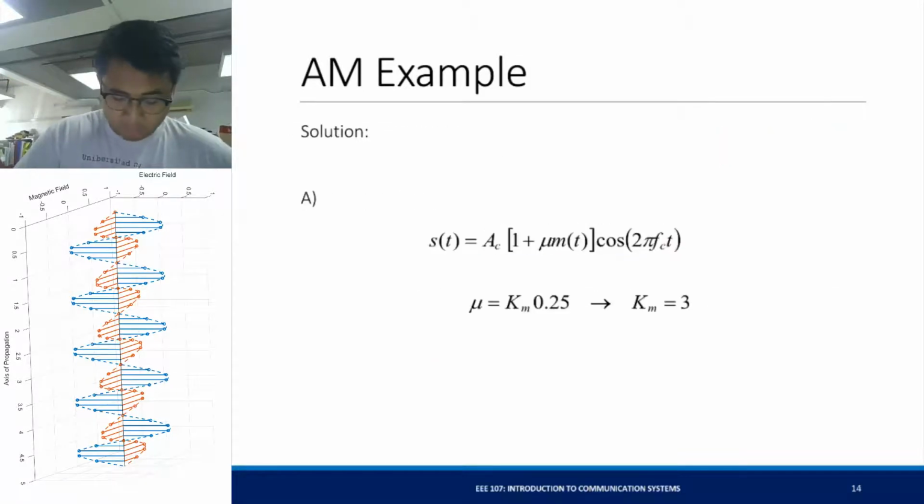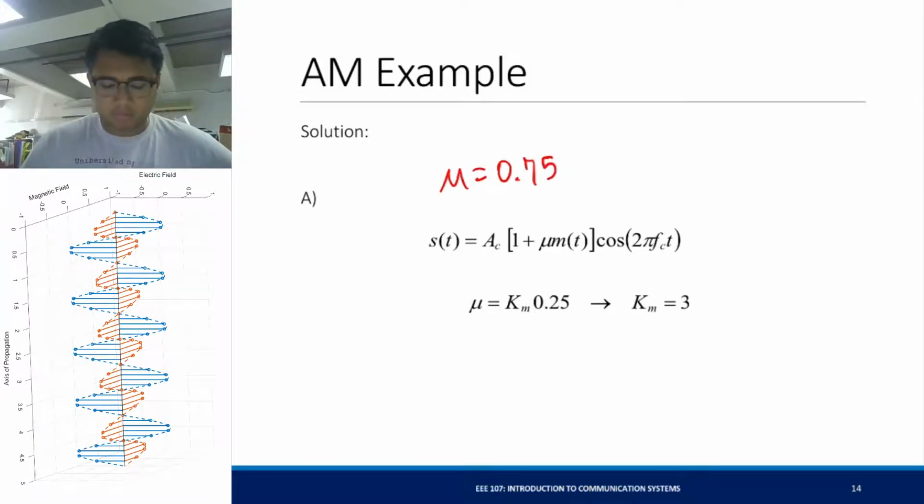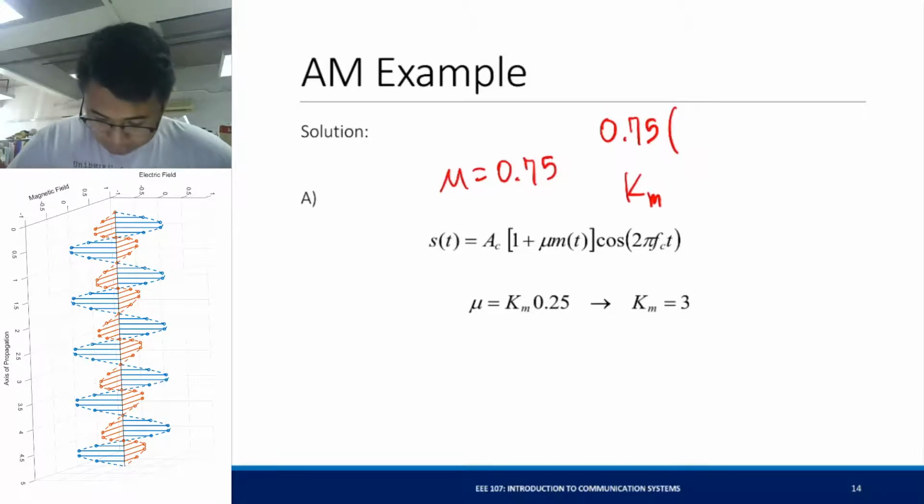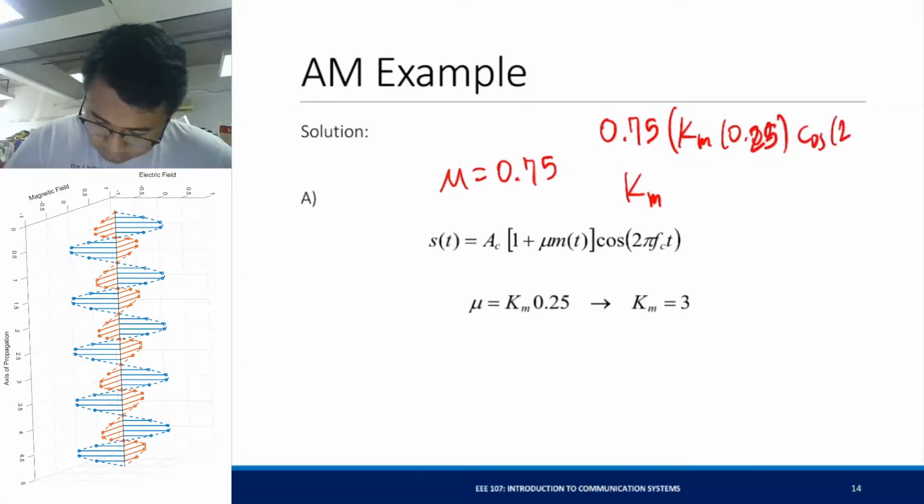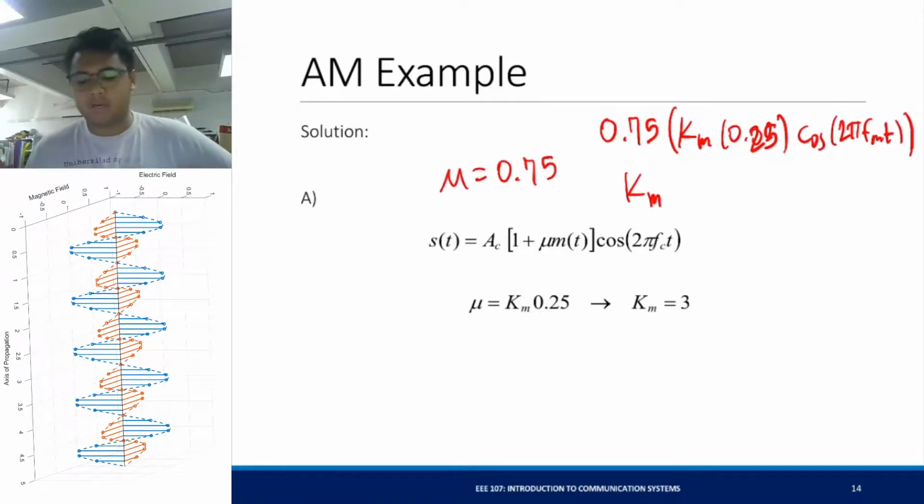So that is when mu is equal to 0.75. Okay. So if you multiply mu times m(t), so mu should be 0.75, your mu times m(t) here is equal to a gain times the message, right here.